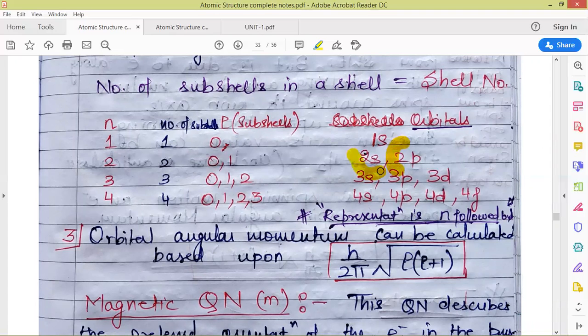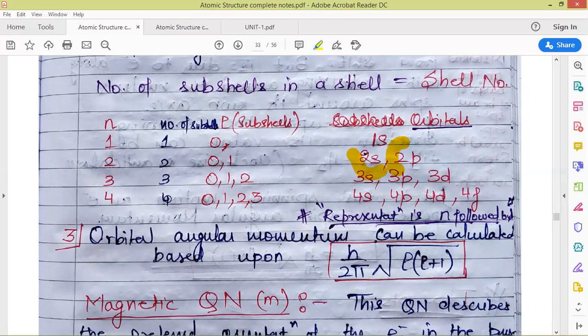So 2s and 2p for n as 2. Similarly, for 3, there will be 3 values, 0, 1 and 2, represented by 3s, S for 0, 3p, P for 1, and 3d, D for 2.